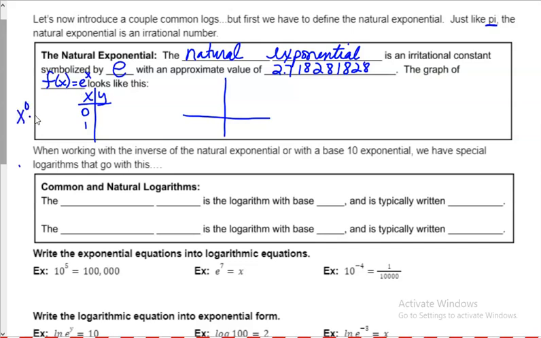Well, here's another thing you got to remember, that anything to the 0 power is 1. Make sure you remember that, because on any exponential, anytime that I put 0 in here, no matter what base that I have, 2, 3, e, pi, this value is going to be 1. If I plug 1 in there, then I get e to the first, which is that 2.718 in approximation.